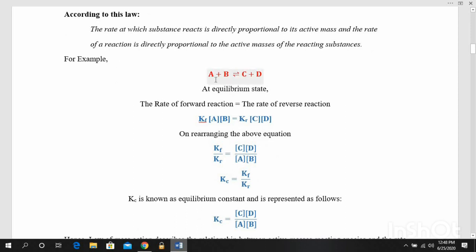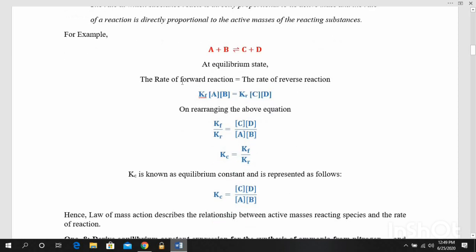You can see an example. A and B are the reactants which are converted into products C and D, and this is a reversible reaction. It means that A and B are converted into C and D, but at the same time C and D are converted back into A and B. So at equilibrium state, the rate of forward reaction would be equal to the rate of reverse reaction.